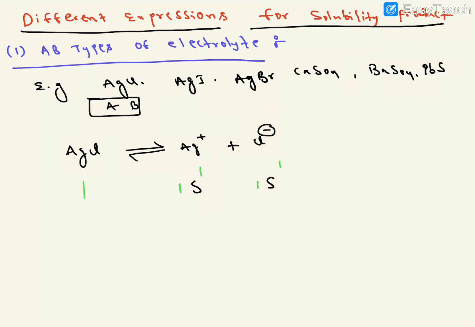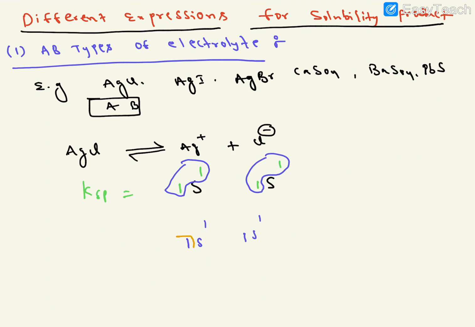First thing here, this is the KSP calculation, right? These two are multiplied. 1 into 1, how much do we get? 1 power 1 only.